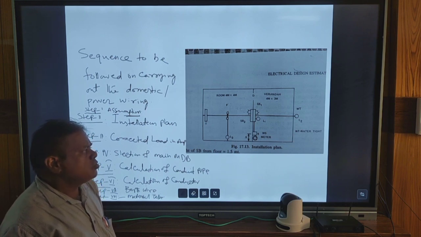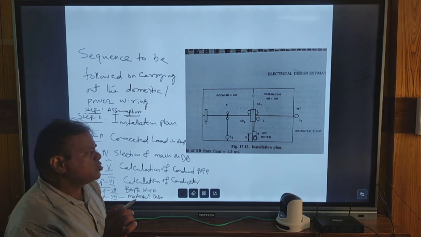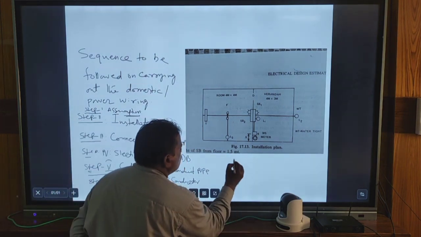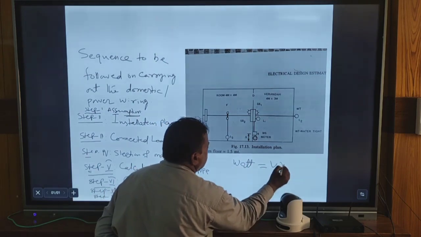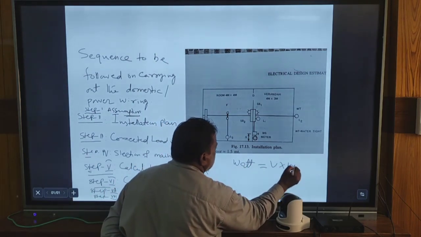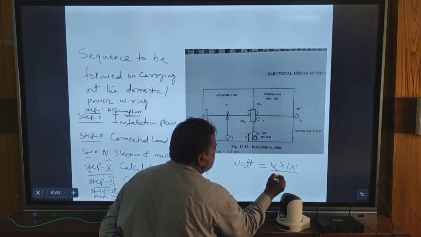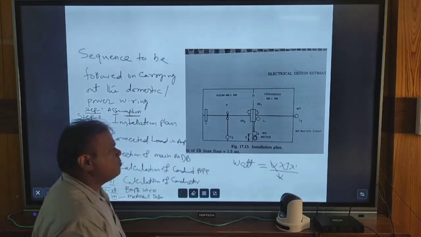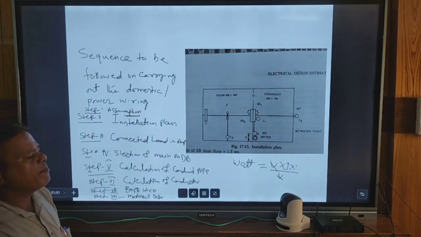So with the total connected load in watts and the total supply voltage, we get the ampere, that is watt by voltage. That is, watt is nothing but V into I into, suppose, unit power factor, and suppose the supply voltage is V. So V can be cancelled out, and we get only the current in amperes. So by this way we can calculate the total connected load in amperes.